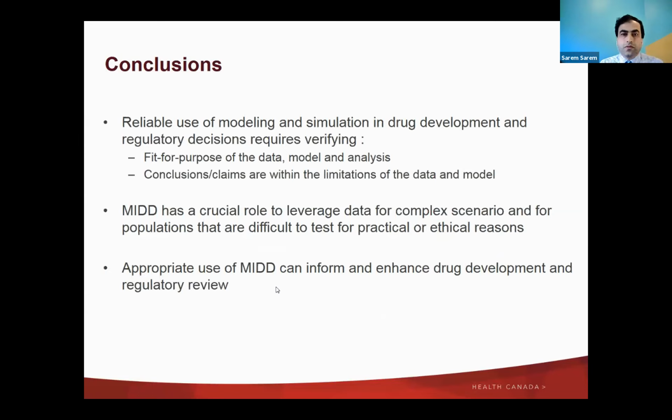Actually, model-informed drug development and the application of pharmacometric approaches are very important, particularly when we have complex scenarios or conditions that should be taken into consideration, and when we cannot collect the needed clinical data due to clinical, practical, and ethical reasons, as we saw in the last example.